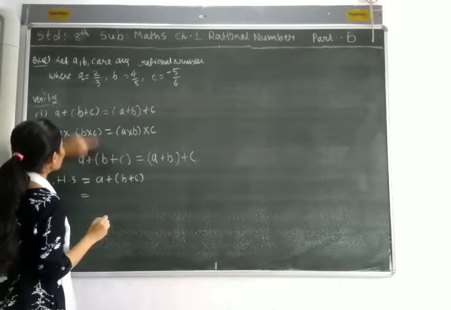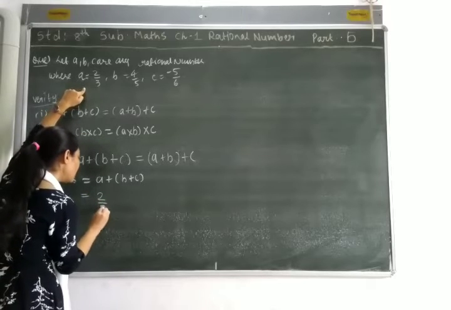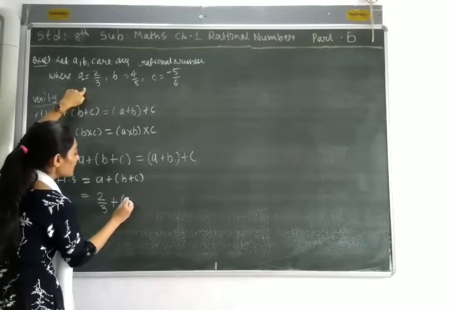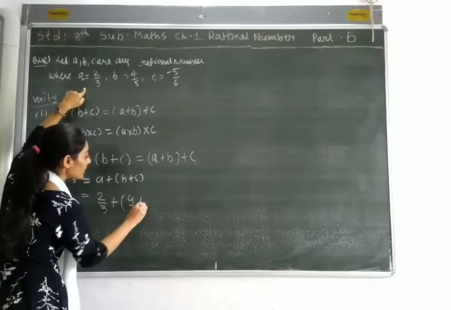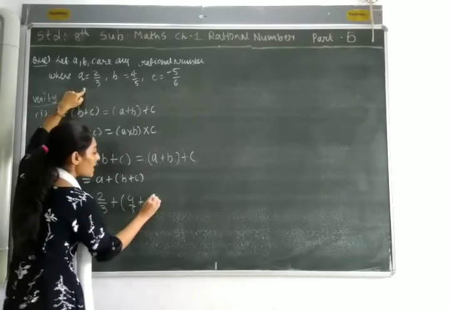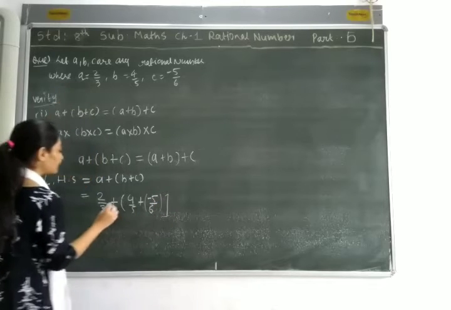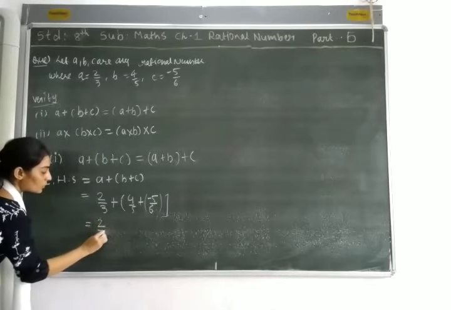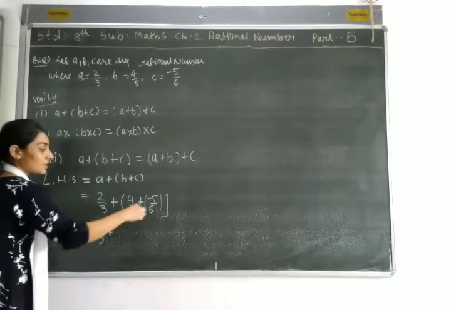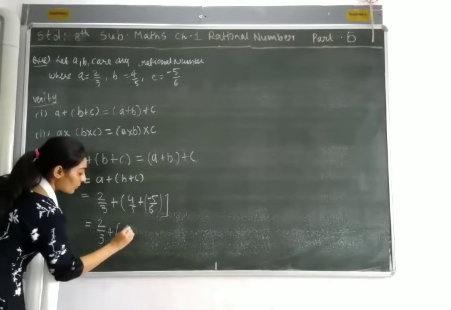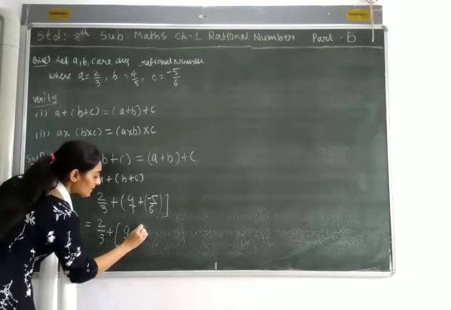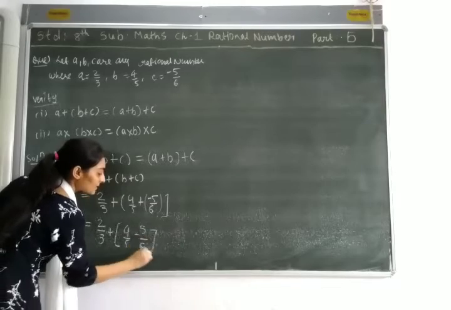My a is 2 by 3, b is 4 by 5, and c is minus 5 by 6. So 2 by 3 plus, first solve the bracket: 4 by 5 minus 5 by 6.